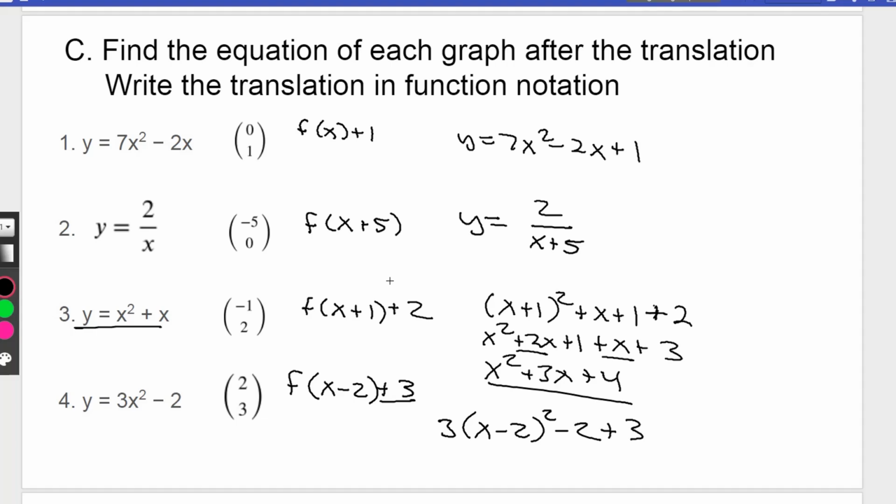So this is going to be x squared minus 4x plus 4, all times 3, which is going to be, I'm going to go this way, 3x squared minus 12x plus 12, and then I still have to add 1, so I'm going to make this a 13.